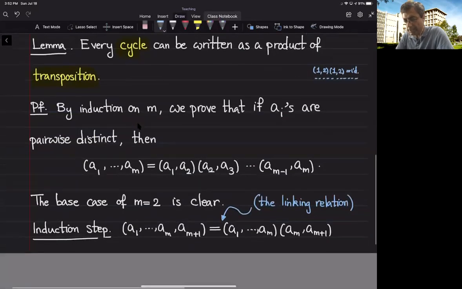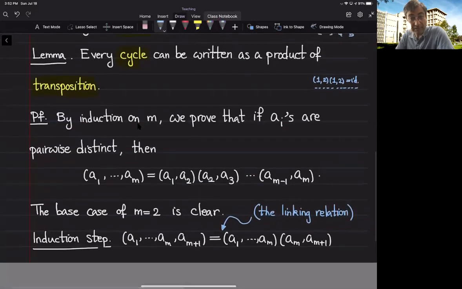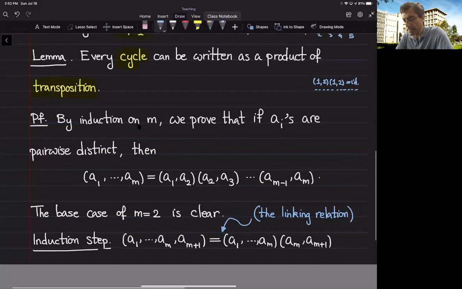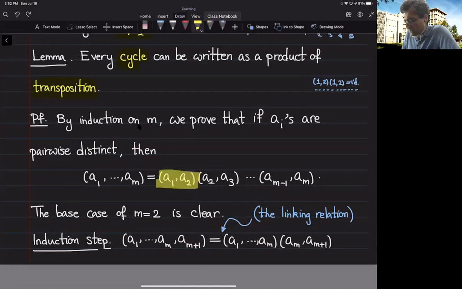So we follow by induction on m and prove that an m-cycle can be written as a product of transpositions. Intuitively, I'm going to use the linking process again and again, and write down (a1 a2) times (a2 a3). I know that by linking, this is indeed a 3-cycle (a1 a2 a3).